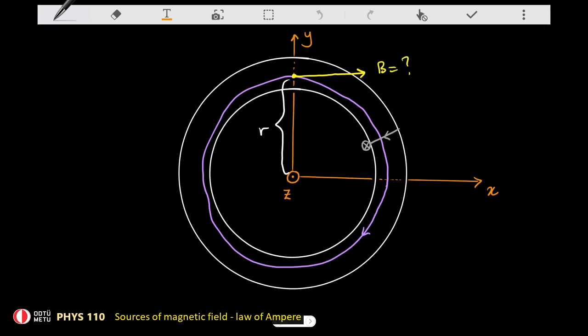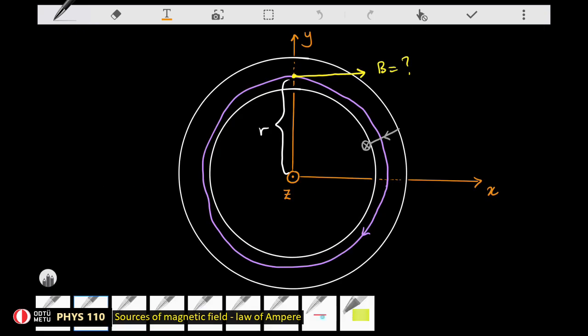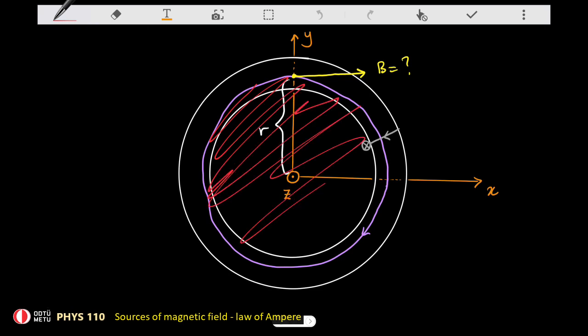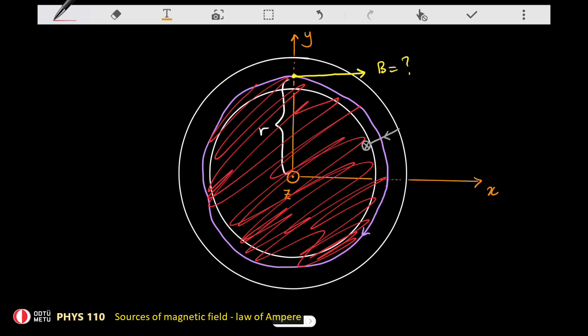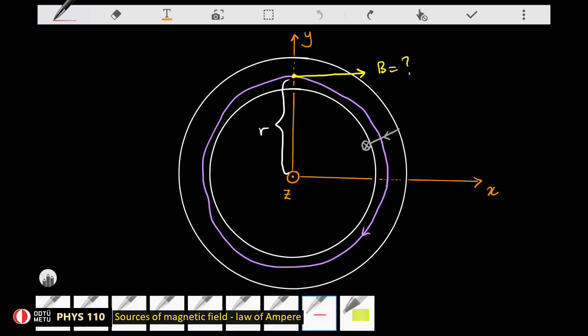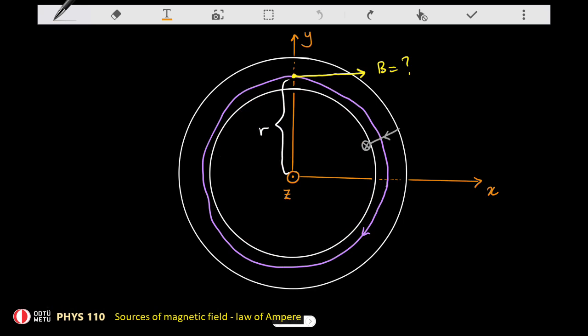In this picture too, red color shows the enclosed surface. It is that surface in here. I'm going to undo this because I don't want complicated pictures. So this surface is crossed by these current carrying wires. This is one of them, but there are many of them.